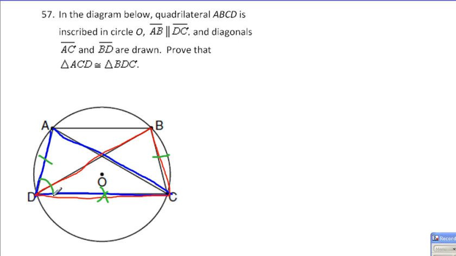This angle is congruent to this angle. Why? Because we realize that the measure of the arc BD is congruent to this one. And then given that this is common in both intersected arcs, you will realize that angle DCB corresponds to this measure of the arc, including the congruent one.